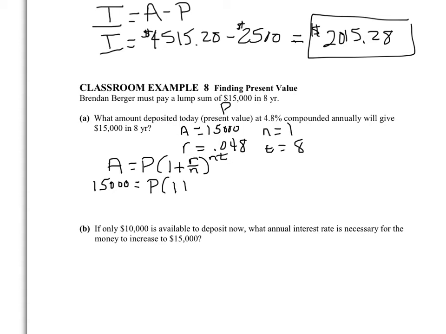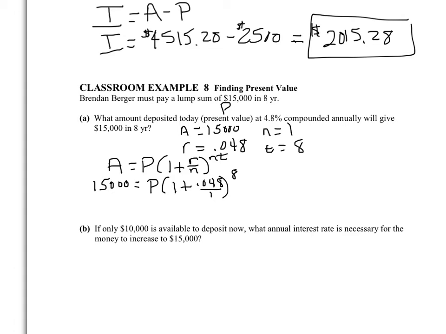I'm going to have 1 plus, now since R is 0.048, but N is 1, that's actually going to clean up to be just 0.048, which will add to 1. But then we have to raise it to the N times T power. Well, 1 times 8 is 8.